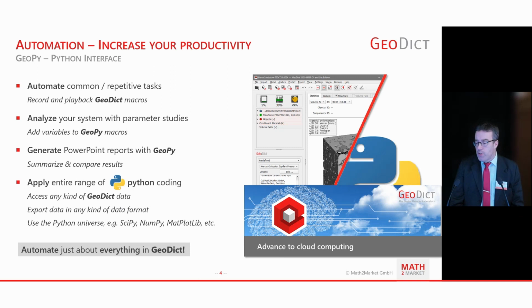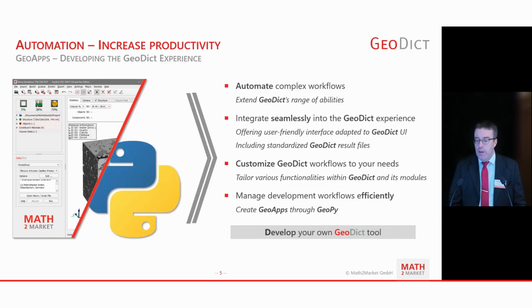But automation with GeoDict goes even further. We have created GeoApps to eliminate the requirement to write Python for the workflow user and to integrate your automation seamlessly into GeoDict. So GeoApps: create customized workflows tailored to your needs.